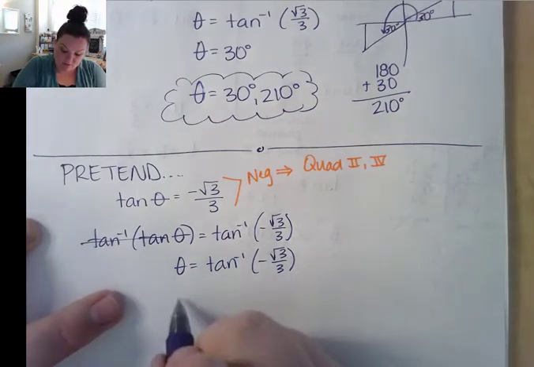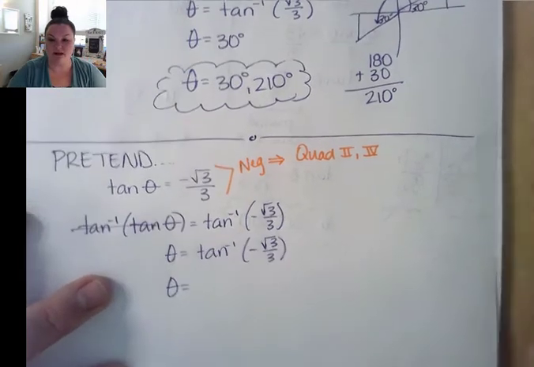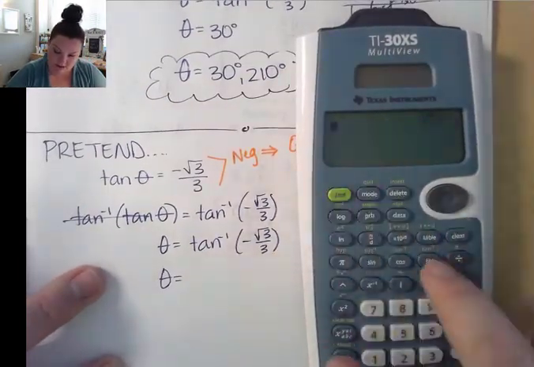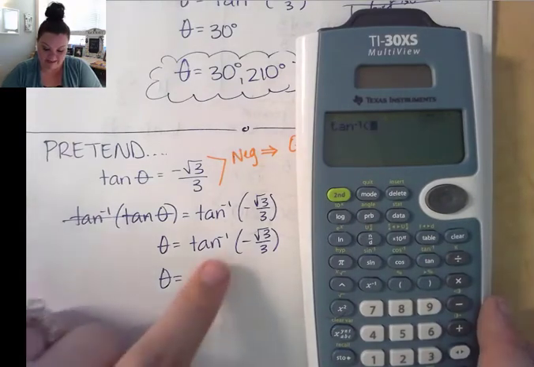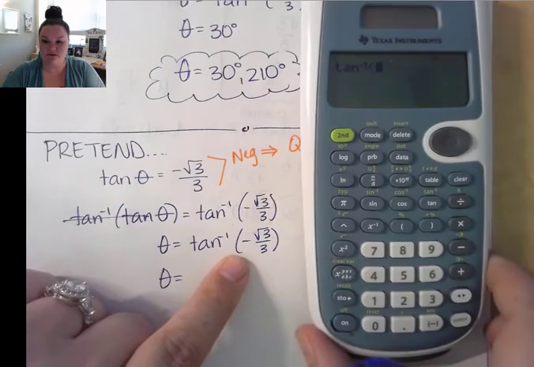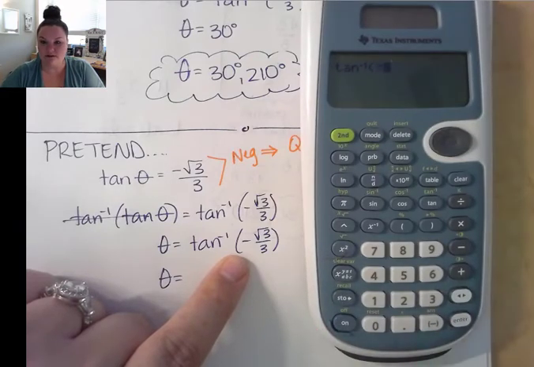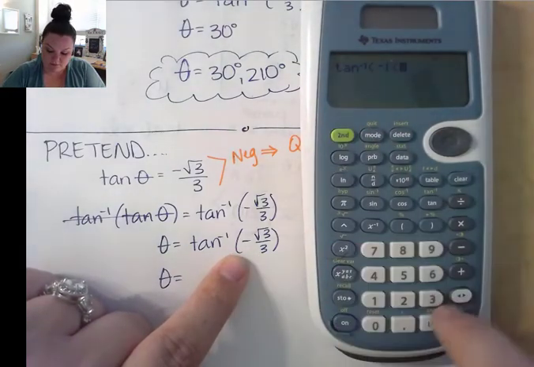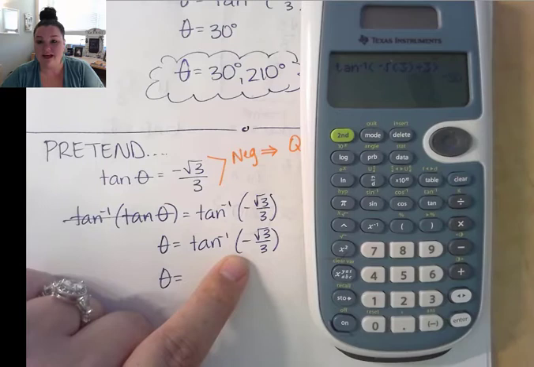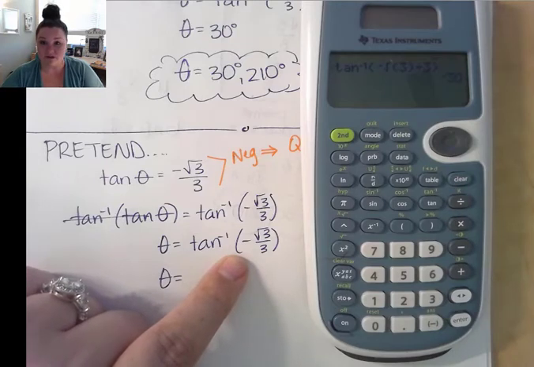Again, we can plug this into our calculator. So I do tangent inverse, and I'm going to plug in a negative square root of 3. I'm going to use my little negative button. Don't use the subtraction, use the little negative button. Square root of 3, close the parentheses, divided by 3, close the parentheses. It tells me that that ends up being negative 30 degrees.